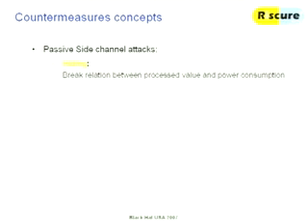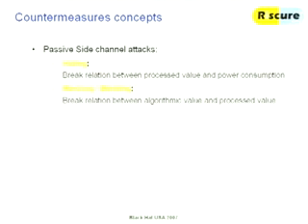There are basically 2 concepts that you have in doing this in passive side channel. One is hiding. Hiding is a concept where you try to make it difficult for the attacker to know when a certain value is being processed. So you don't really change the fact that you have to process this value in your program, but you do make it difficult for the attacker to find when. And the other one is called masking or blinding.